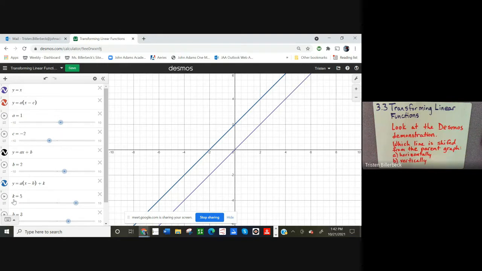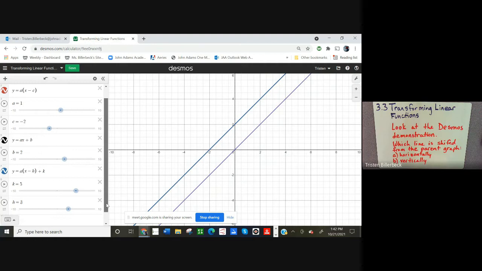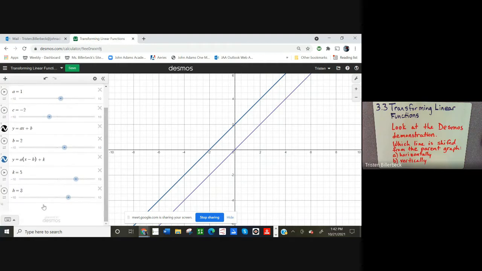So k represents the y value. So it represents our vertical shift. But if we note, even though it was right there it has a shift at 2, k is 5. That's kind of strange, huh? And then h is 3.